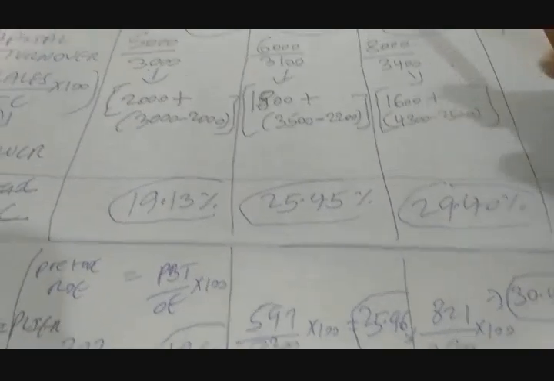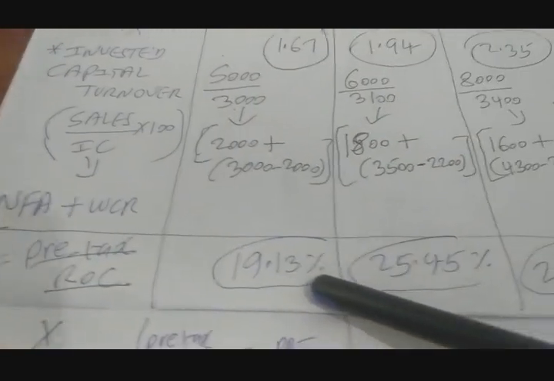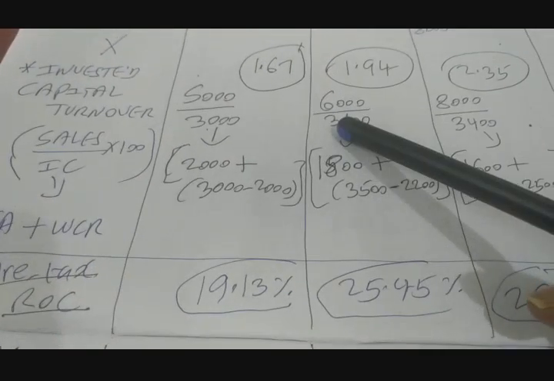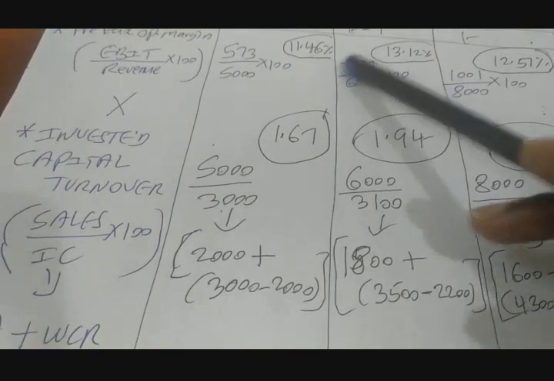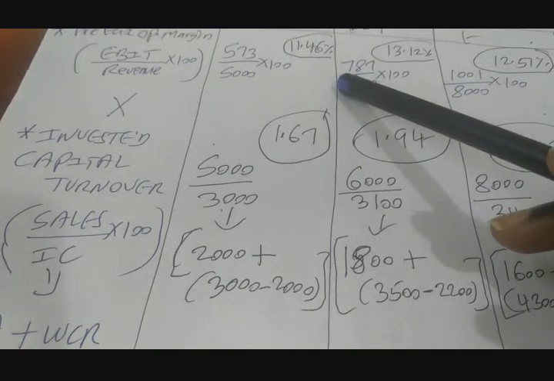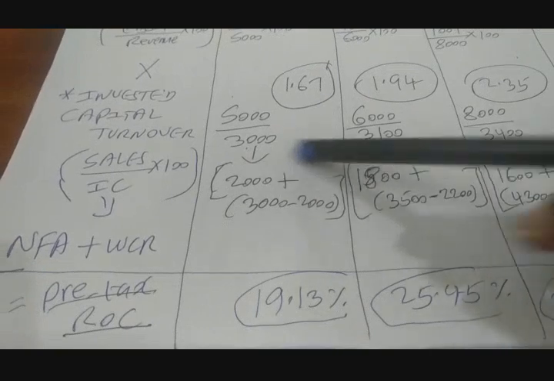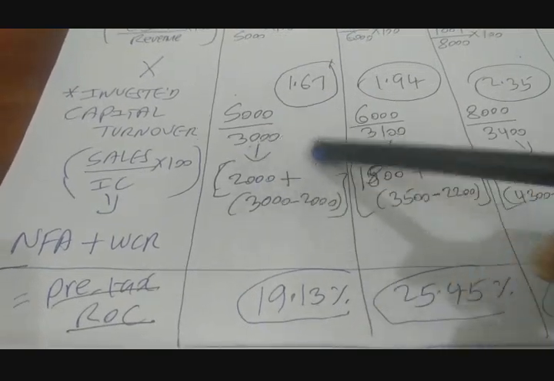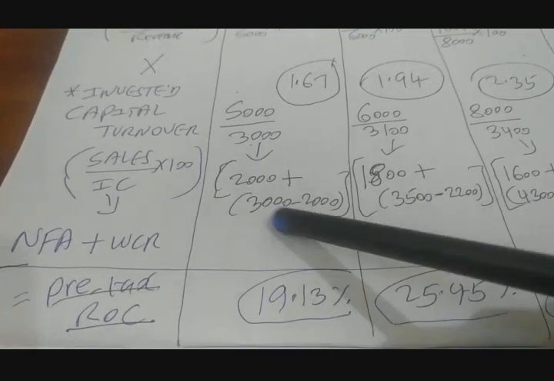So the company can increase its pre-tax ROC either by increasing its invested capital turn or by increasing its pre-tax operating margin. In pre-tax operating margin, we are not talking about working capital directly. Whereas in invested capital turnover, we are talking about working capital directly, because invested capital consists of two elements, namely net fixed asset and working capital.